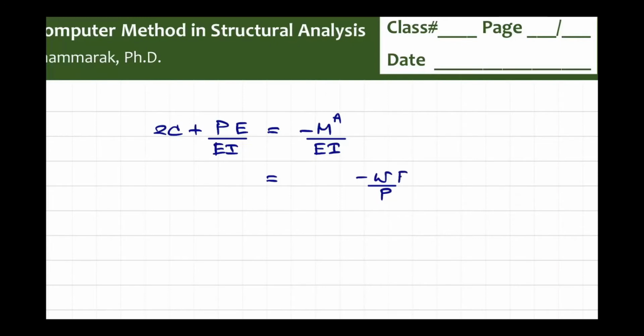And then I put the EI there, P squared here, and minus turns out to be plus. WEI over P squared minus MA over P, the EI cancels out, and that is your E.